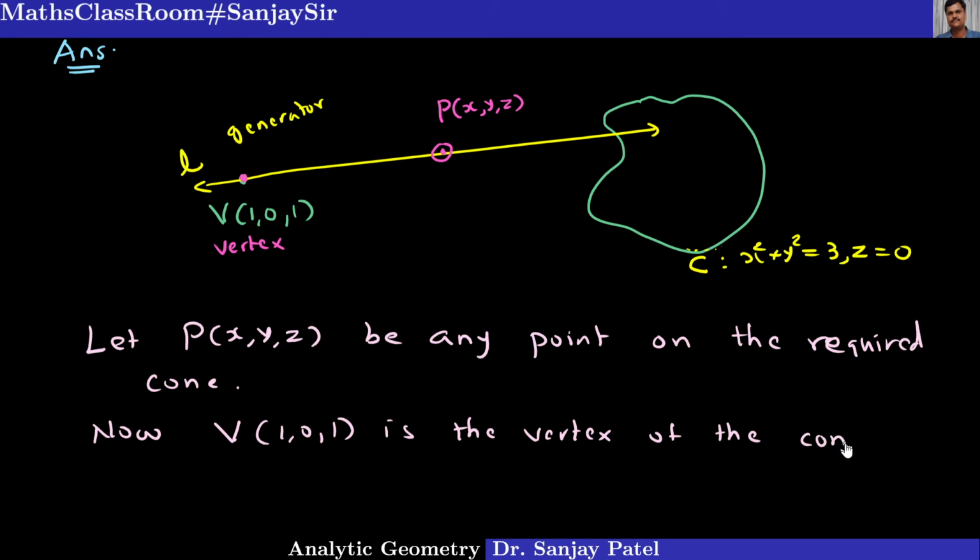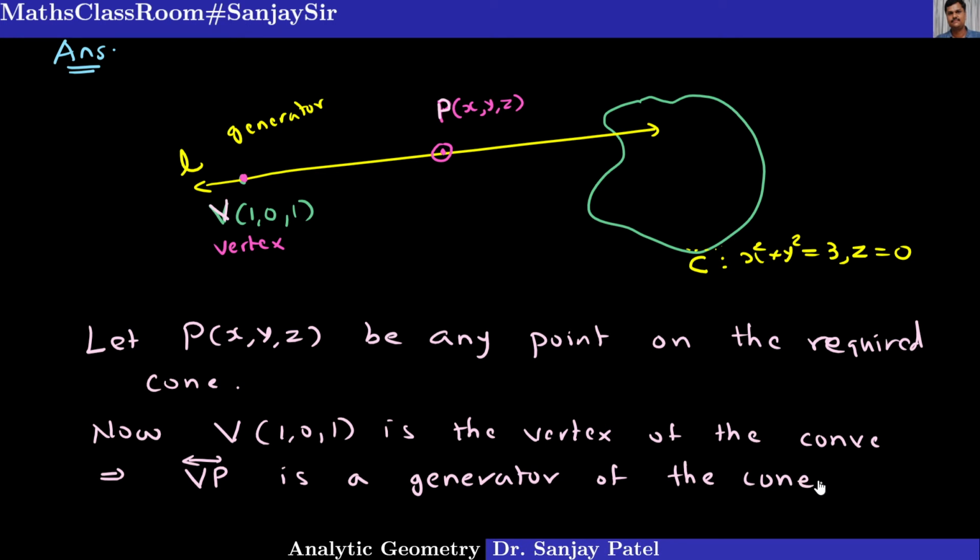P is on the cone, V is the vertex. So if you join V and the point P, you will get this generator VP. So this implies the straight line VP is a generator of the cone.